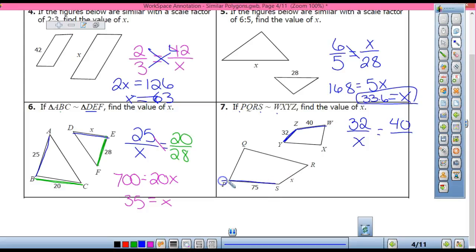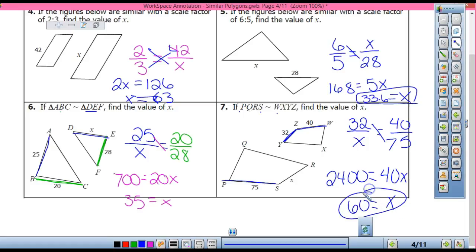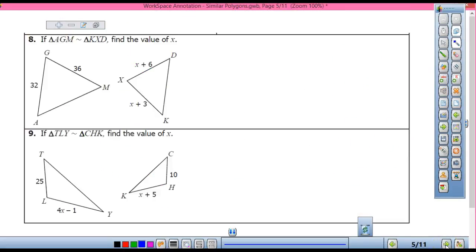SP, yep, 75. 32 times 75. 400 equals 40x. So x equals... alright, not so bad, right?